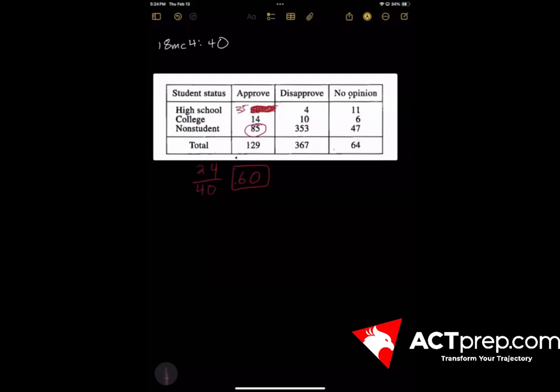And so now our favorable outcomes are 35, and we have to add up the total number of high school students, so 35 plus 4 plus 11 over 50 total high school students. So we can just do 35 divided by 50 to get the proportion, which is 70%, answer H.